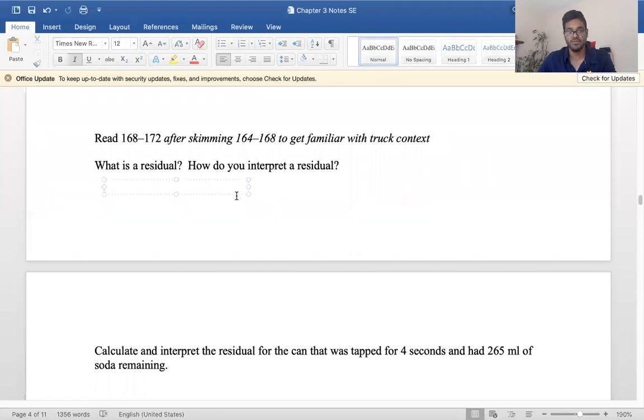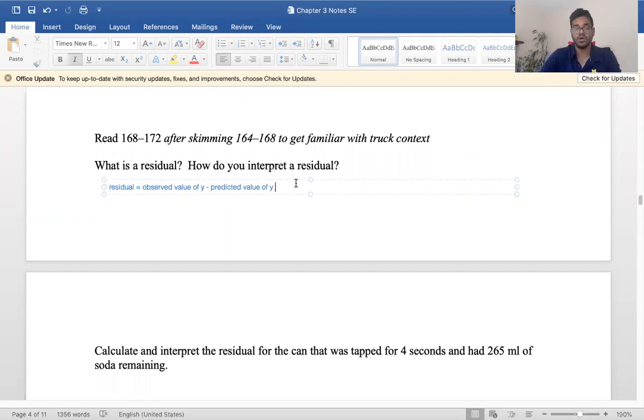So a residual, how do you calculate a residual first? Is equal to the observed value of y minus the predicted value of y. So a residual is basically a measure of error. Okay, so you're looking at the difference between what was in the actual data set and how well your line did at predicting that.